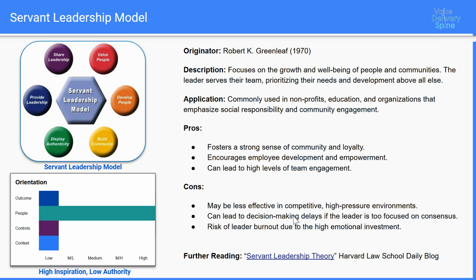Decision making can be delayed as you go through a long process of consensus building, and it risks leader burnout because that leader is serving a lot of voices. You can read more about that in Servant Leadership Theory on the Harvard Law School Daily blog. This one's a high inspiration, low authority model.